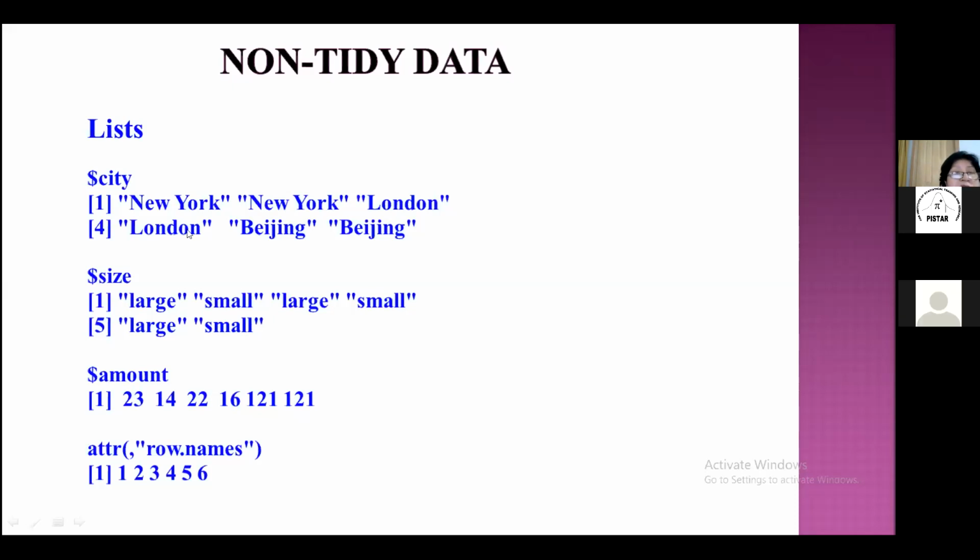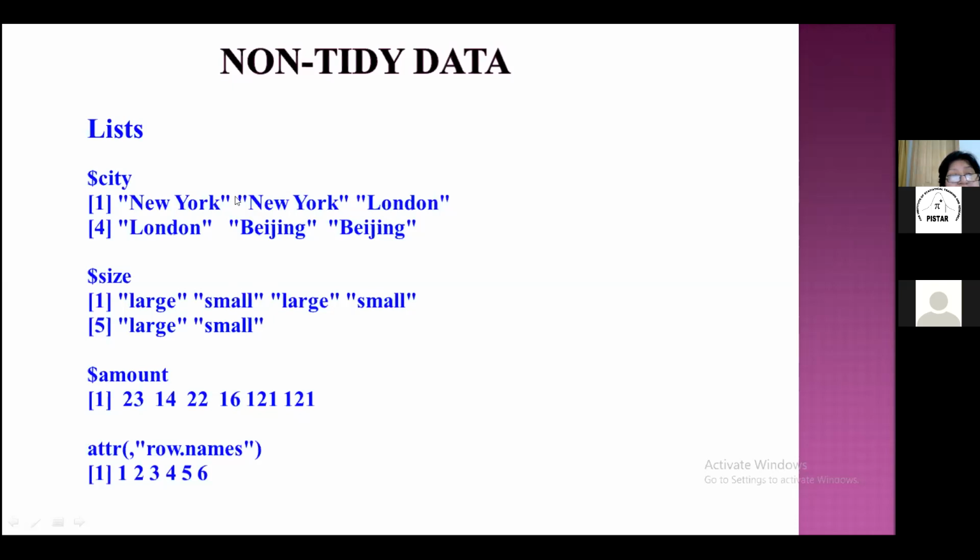But you see, this is not easy. I mean, how do I put these together? And then 23. Okay. So the first case is that in New York there is large size pollution is this much. Then another one, New York, small size pollution 14.